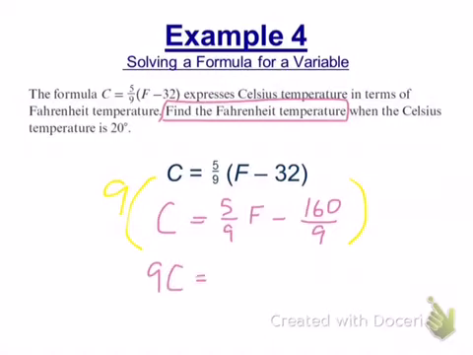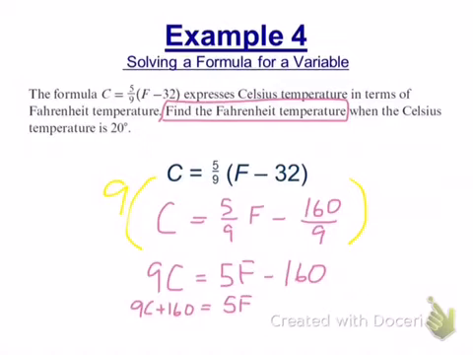9C equals 5F minus 160. And now it's a much, much simpler form to look at, right? Now next thing we would do is add 160 to both sides, and that would give us 9C plus 160 equals 5F, right?